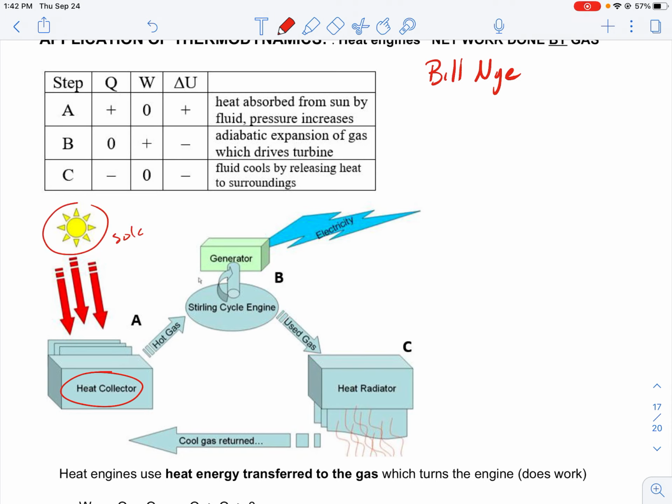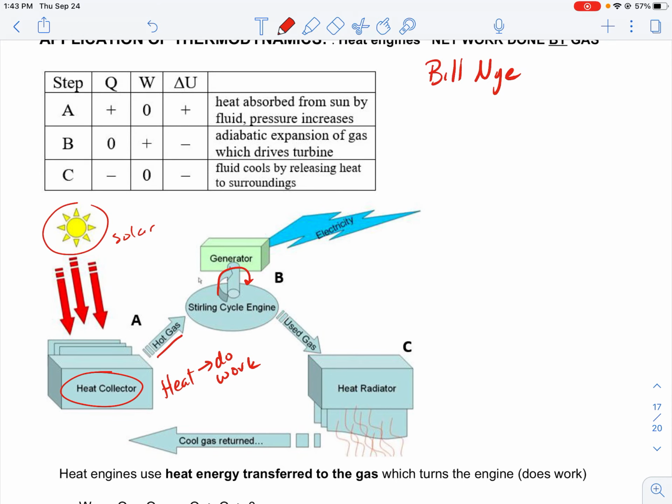It could be solar, it could be a candle, it could be coal, it could be gas, but we need a heat source. Then we heat up gas and use that gas to turn a turbine. So here we are using heat to do work. This is the reverse of the heat pump, where we were using work to move heat around.